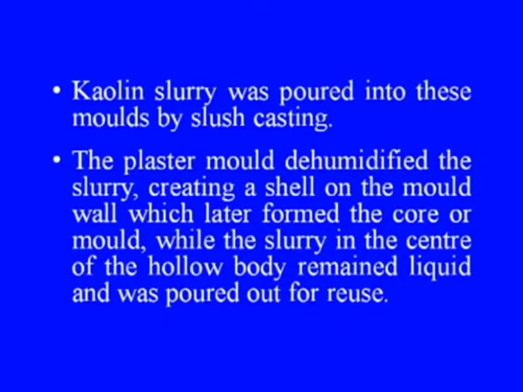Kaolin slurry was poured into these molds by slush casting. The plaster mold dehumidified the slurry, creating a shell on the mold wall which later formed the core or mold, while the slurry in the center of the hollow body remained liquid and was poured out for reuse.